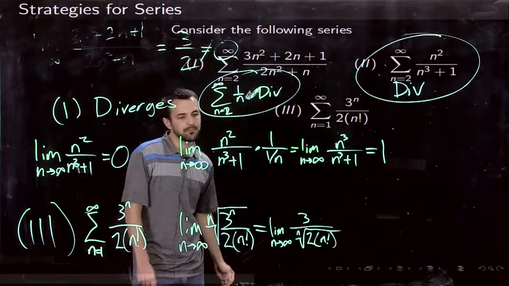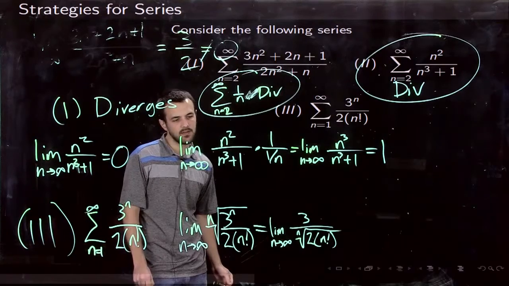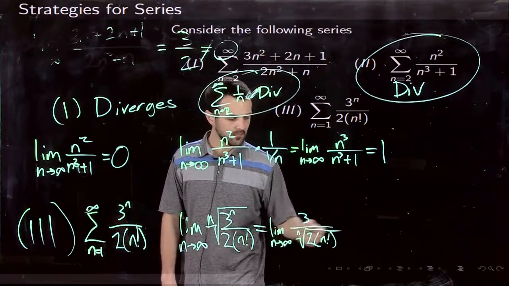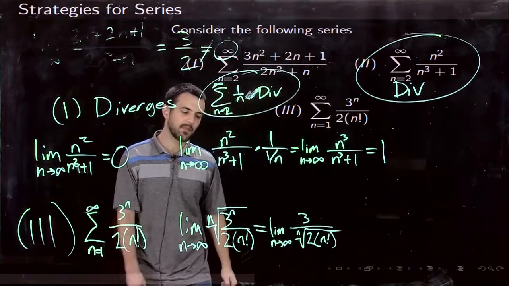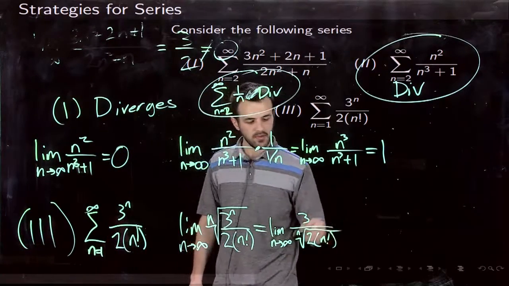So let's see. Now you've got to think, because if this bottom term is going to some number, then it tells us we need to know if this bottom term is going to infinity or not.